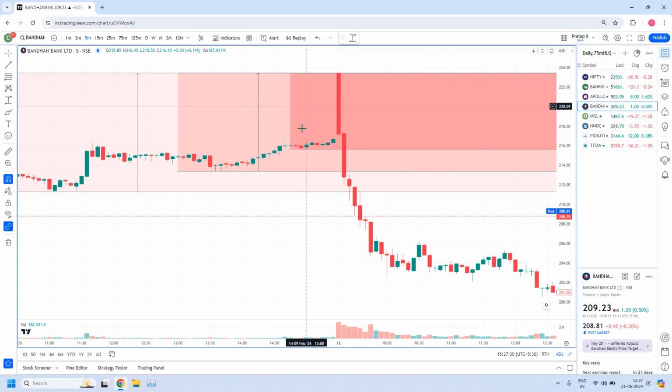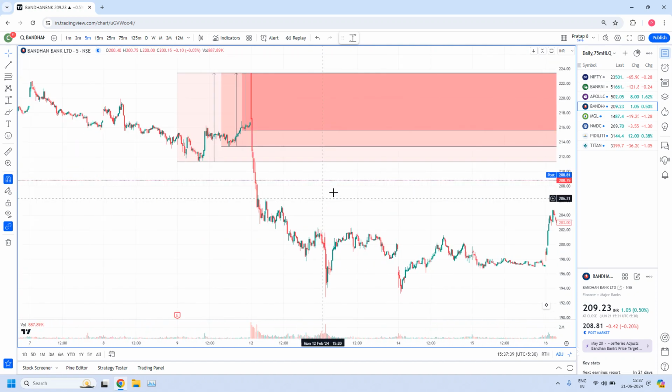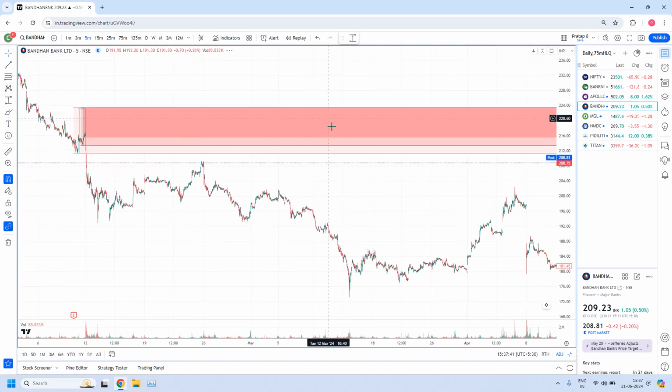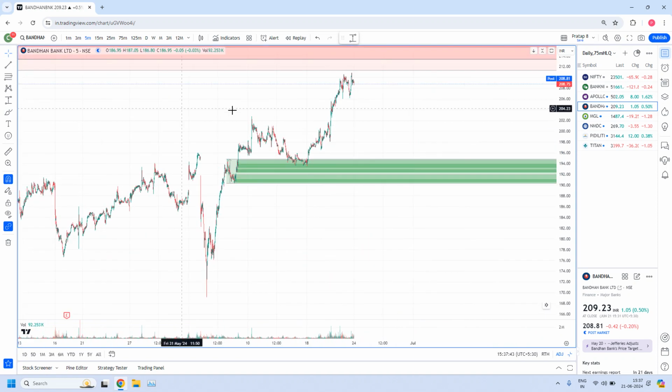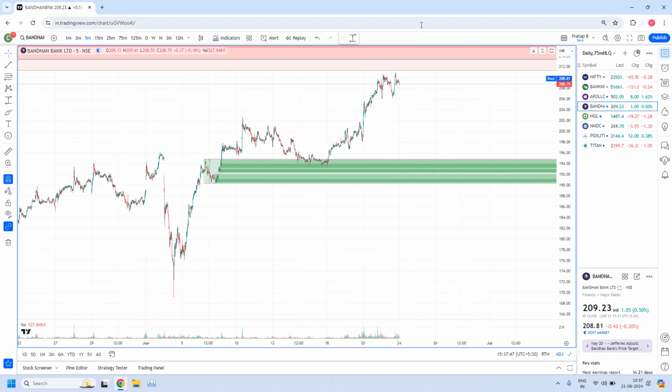Even if you draw this zone in 15 minutes as a compromise, the 5-minute structure clearly rejected this zone. That means this zone will be violated. So what happened today? Today prices didn't enter into this zone at all, but definitely in the coming days the zone will be easily violated because there is no institutional order flow. So that's why for Bandhan Bank we didn't plan any trade.